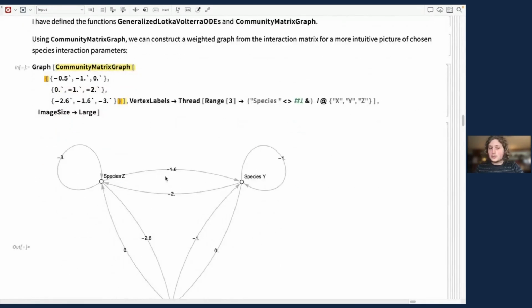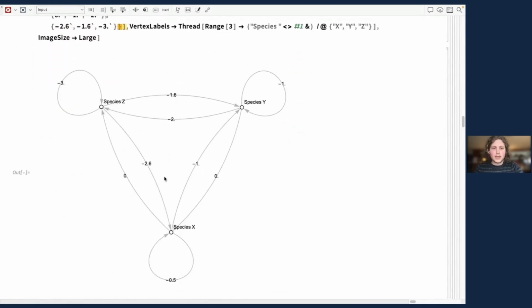So we can represent these interactions as a weighted graph, and we can say, okay, these are the species, and these are the effects that they have on one another. This is just another convenient way of visually getting a sense of what's going on. And you could make any graph like this to represent any set number of interactions between any number of species.